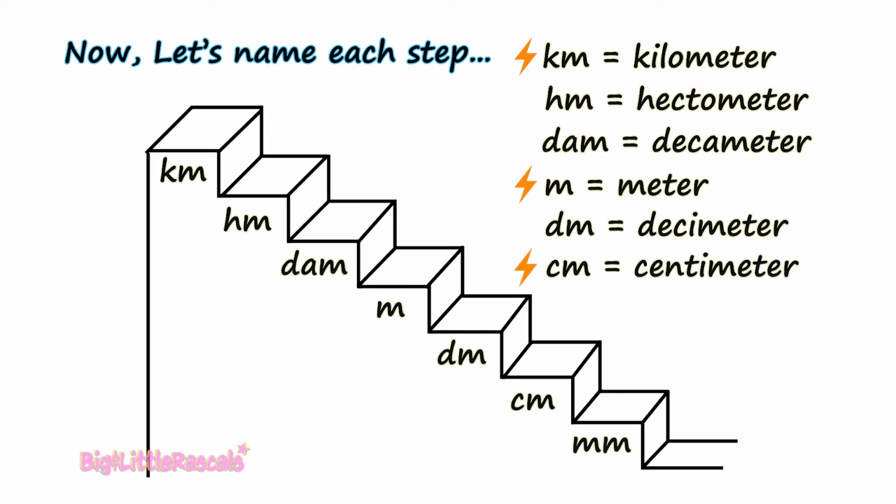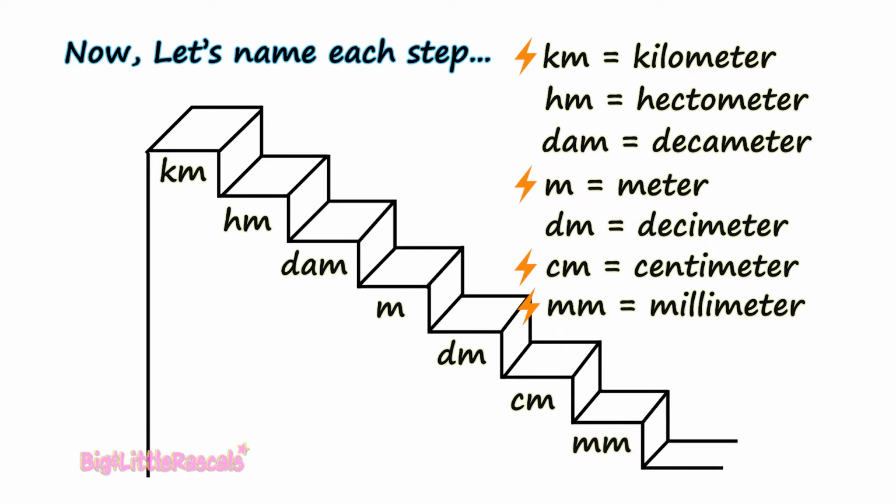Sixth, cm for centimeter. Seventh, mm for millimeter. In this stair, km, the kilometer, is the biggest unit of measurement, while mm, the millimeter at the bottom, is the smallest unit of measurement.